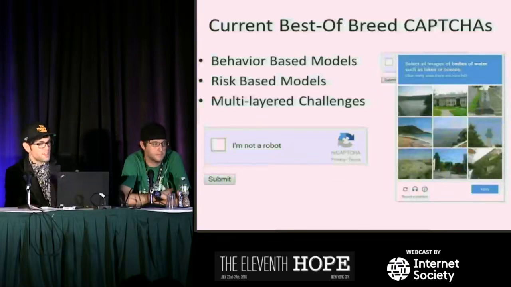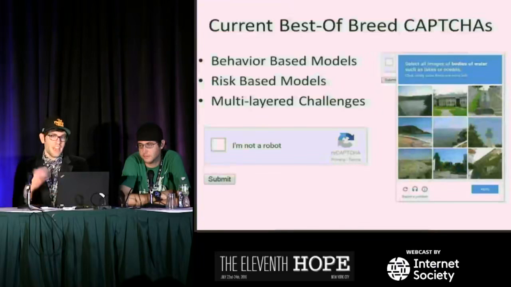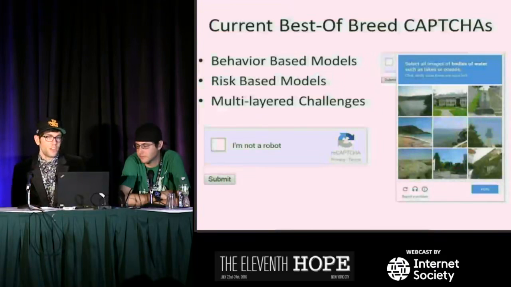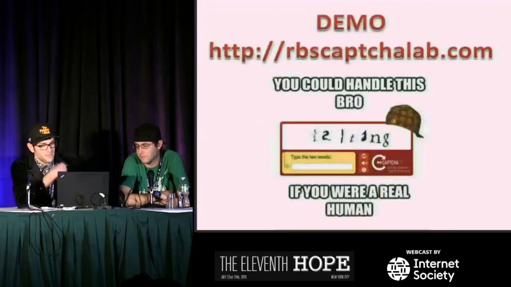So sometimes, for example, in this one, if you click on a body of water, the image will fade out based on your response, either right or wrong, and a new image will come up. And they ask you to repeat this multiple times until you've solved it. Or they'll give you two different forms where you solve this one and then after that they'll hit you with a text-based one. So it just really depends on how much they trust you as a human or not.